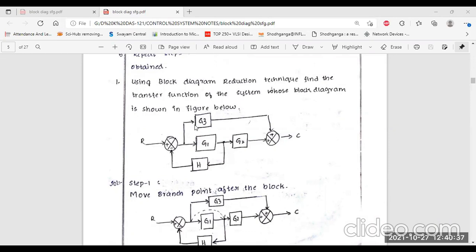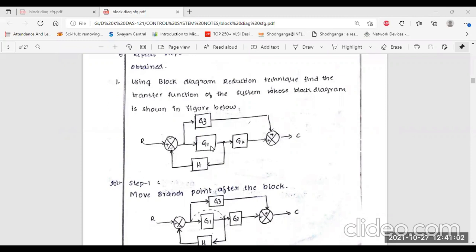You will be given this diagram and the question: using block diagram reduction techniques, find the transfer function of the system whose block diagram is shown below. That means you have to apply the block diagram reduction technique and calculate the transfer function from this block diagram.